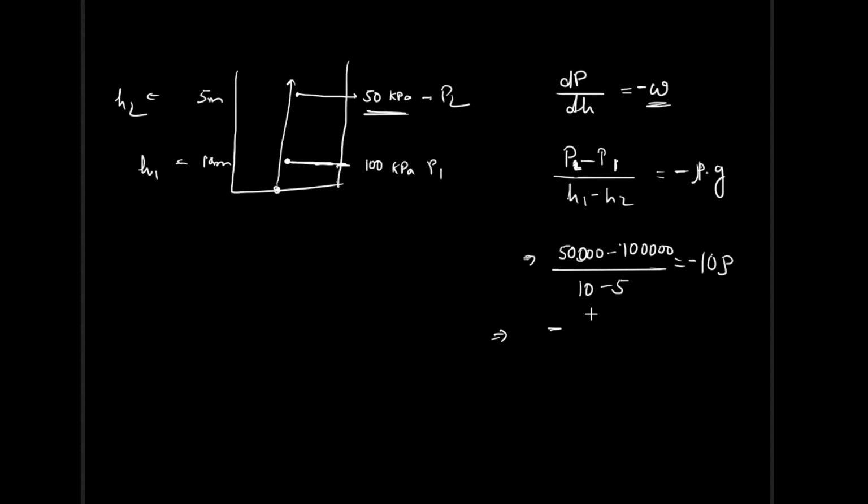So this will be minus 50,000 divided by 5, which equals minus 10 rho. The minus signs cancel out, and it comes out as rho equal to 1000 kg per meter cube. This is the right answer, option C.